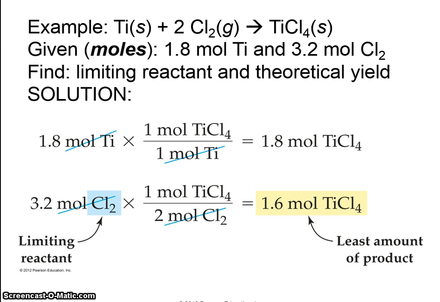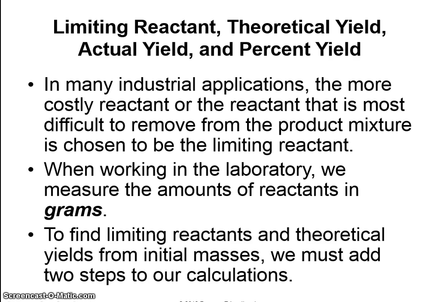And this is the least amount of our product. And so therefore, the limiting reactant for this set of conditions is the chlorine gas. In many industrial applications, the more costly reactant, or the reactant that is most difficult to remove from the product mixture, is chosen to be the limiting reactant.